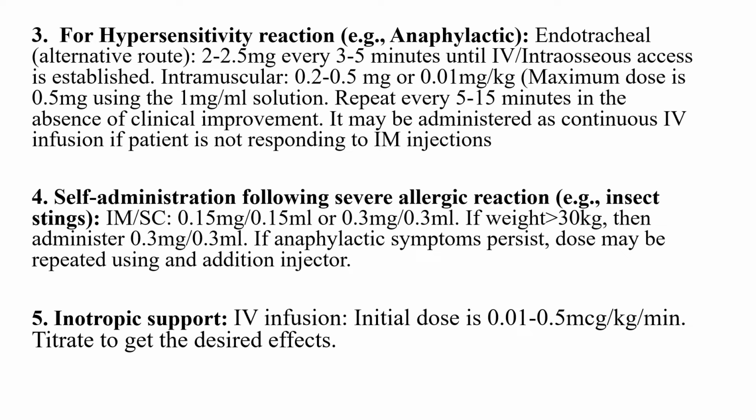Suppose in case of a 70 kg patient, the dose will come to around 0.7 micrograms to 35 micrograms per minute, and then we can titrate accordingly to get the effect. Suppose the patient's BP is low, so we can increase the dose up to 35 micrograms per minute, and if the patient responds, then we can titrate it down, so we can decrease the dose of adrenaline gradually.